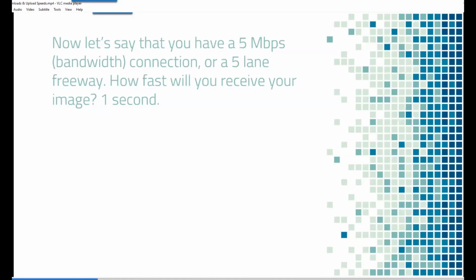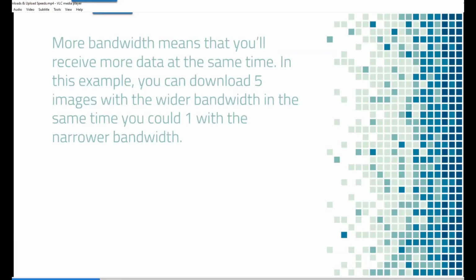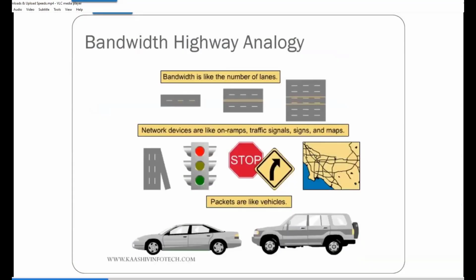How fast will you receive your image? In about a second. More bandwidth means that you'll receive more data at the same time. In this example, you can download 5 images with the wider bandwidth in the same time you could download 1 with the narrower bandwidth.